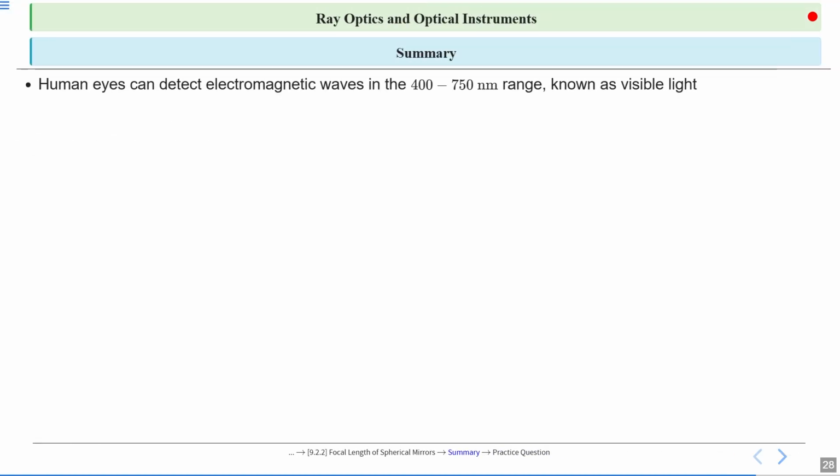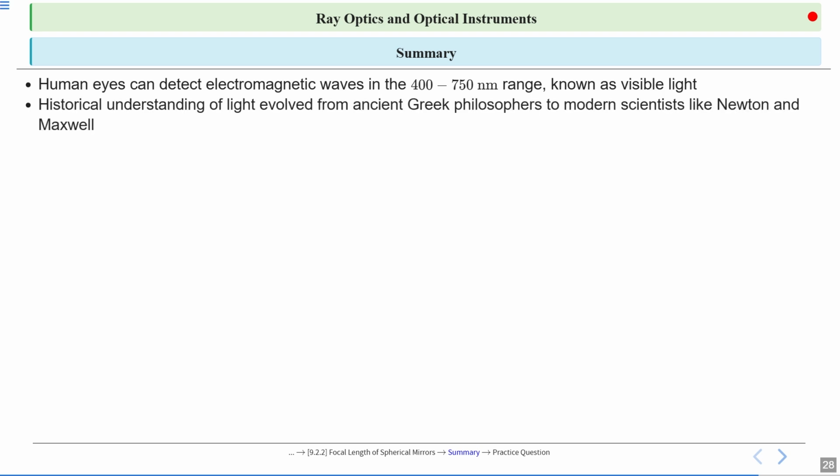So let's have a quick recap. Human eyes can detect electromagnetic waves in the 400 to 750 nanometer range known as visible light. Historic understanding of light evolved from ancient Greek philosophers to modern scientists like Newton and Maxwell. Light travels at approximately 3 × 10⁸ meters per second in vacuum.